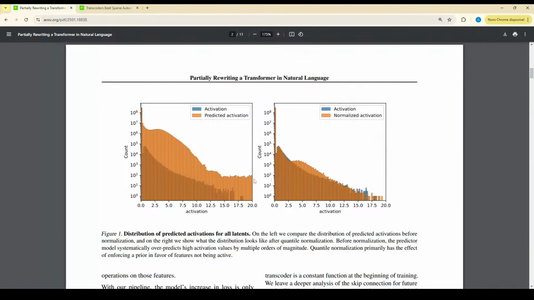So we go from this orange curve to this other orange curve, where now the normalized activations are much closer to the activations.